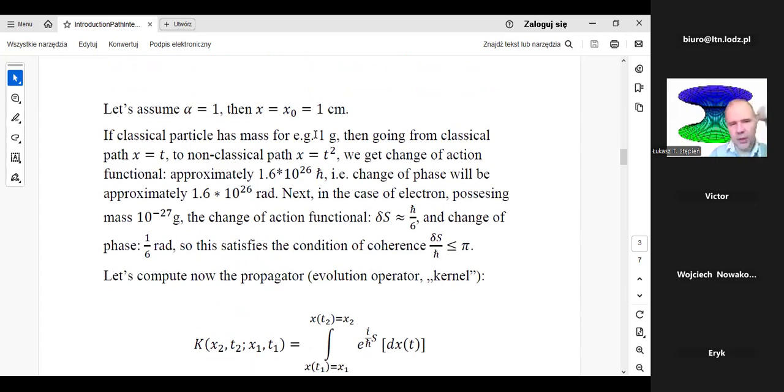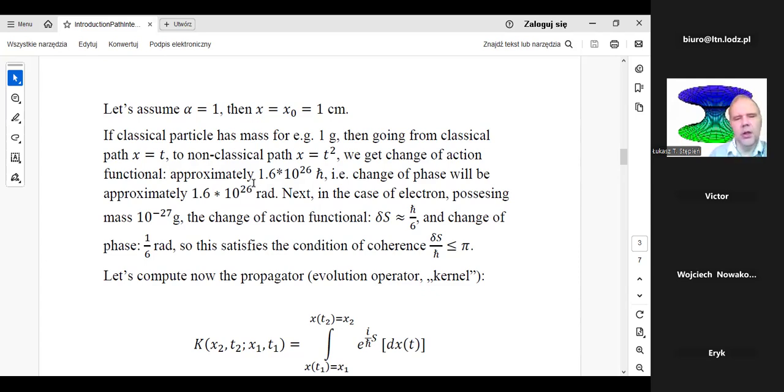And now, if the classical particle has a mass, this is a macroscopic particle, for example 1 gram, then if we go from the classical path x equal to t to the non-classical path x equal to square of t, we get a change of the action functional approximately as follows. So the phase will be changed approximately as follows. So this is a very large value.